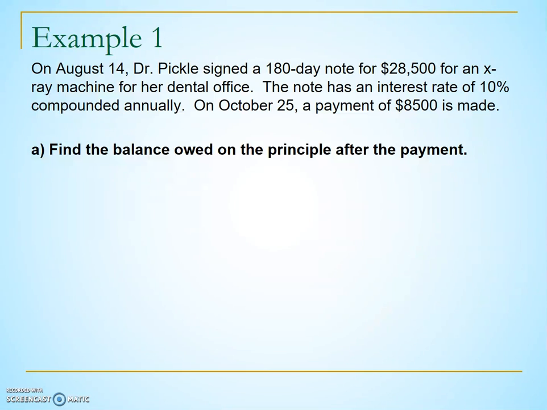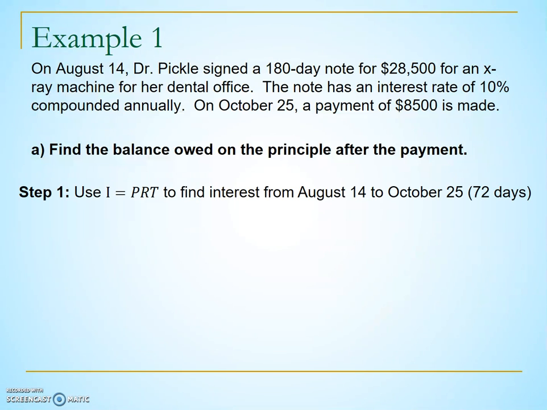To find the balance owed on the principal after this payment, we need to work through the first 3 steps of the United States Rule. Step 1 is to find the interest earned on the loan between August 14th, the start of the loan, and October 25th, the date of the first payment.